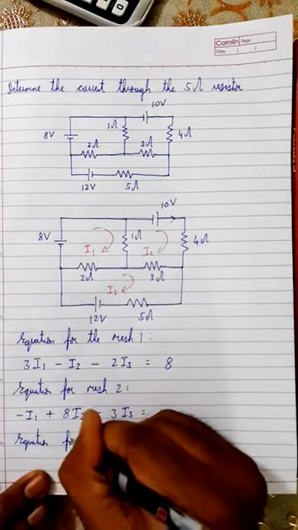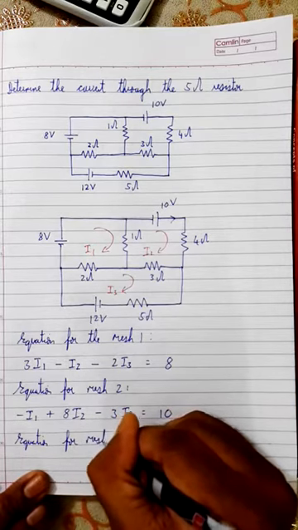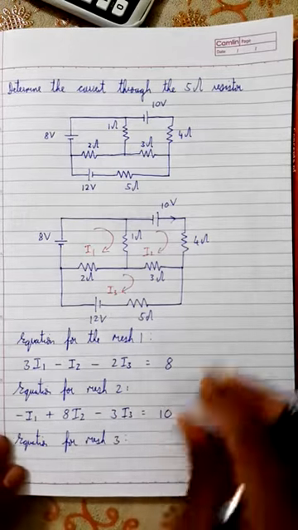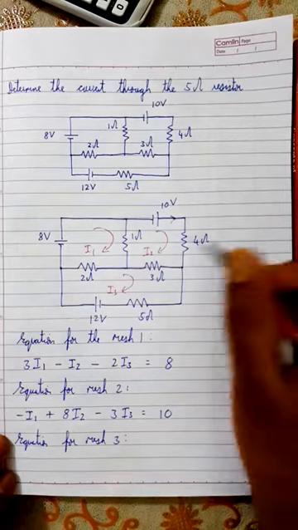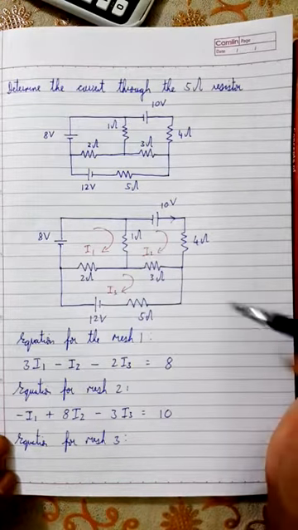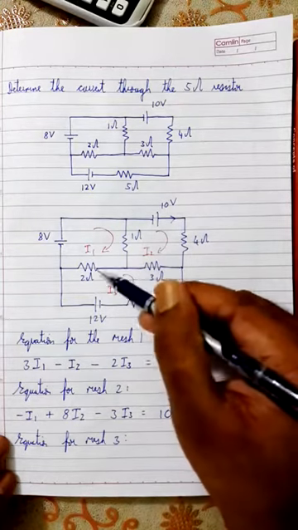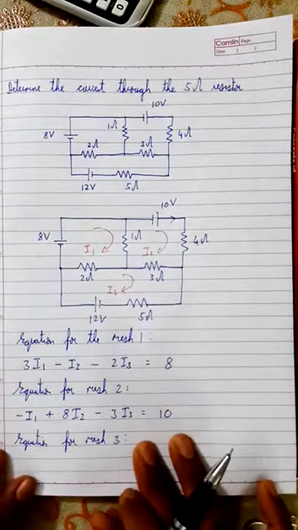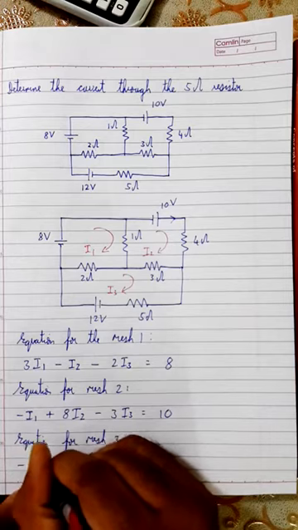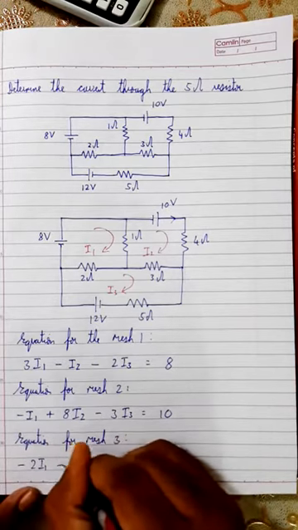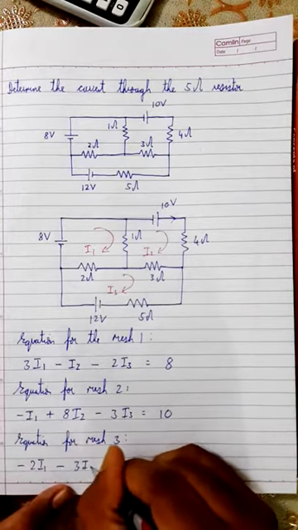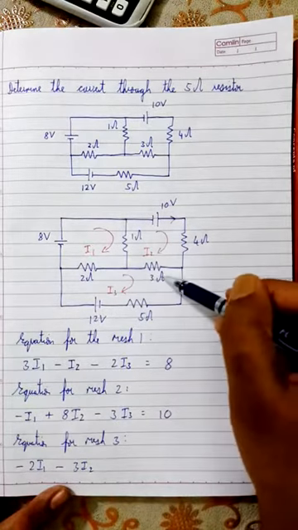Equation for mesh 3. In mesh 3, I3 is positive and the remaining currents are negative. So here I1 is negative. So you have minus 2I1, we have minus 3I2, and then we have 2 plus 3, 5, 5 plus 5, 10.